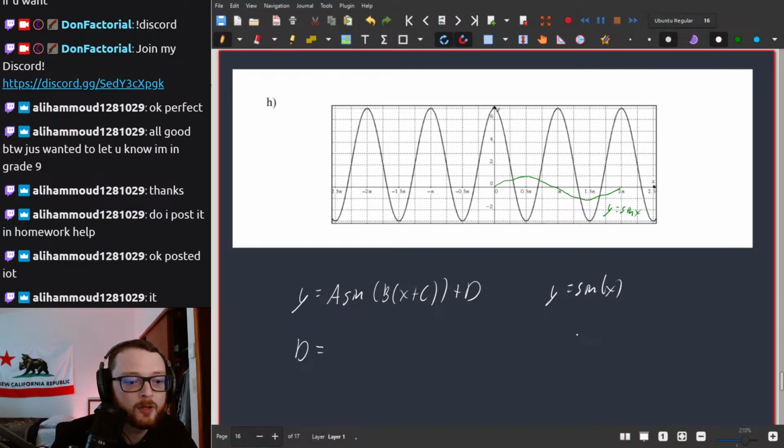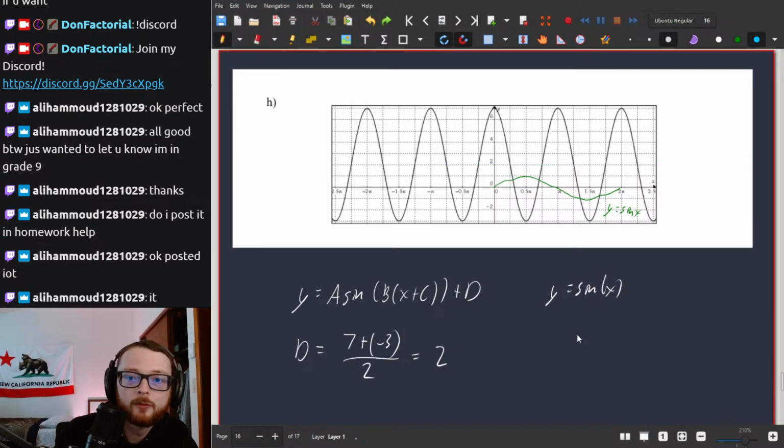So D is equal to 7 plus -3 over 2. That's just what an average is. So 7 minus 3 is 4. 4 divided by 2 is 2. If I draw a horizontal line right through y equals 2, that splits this graph perfectly in half. So that's good.